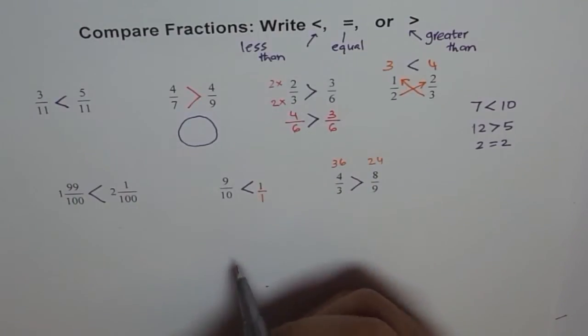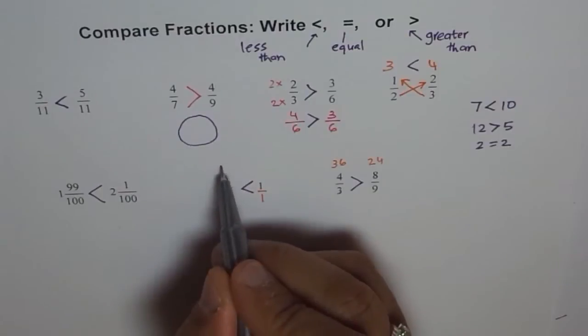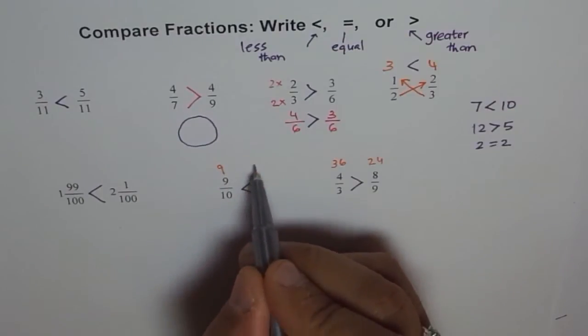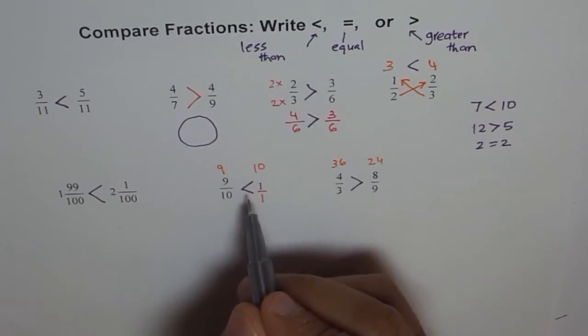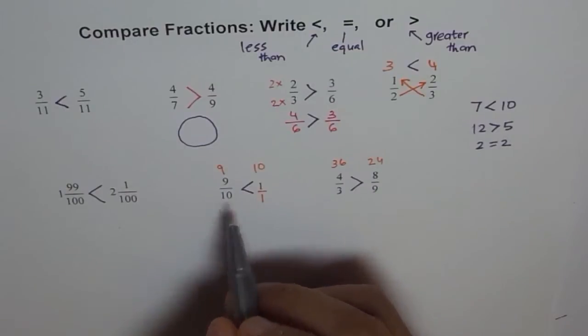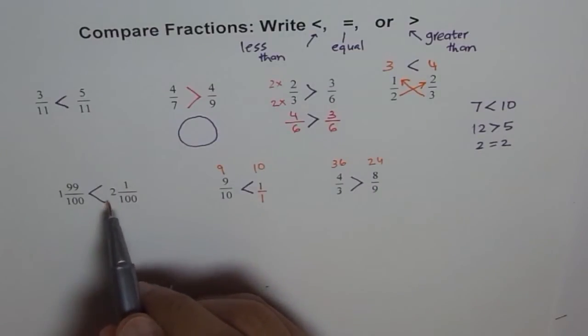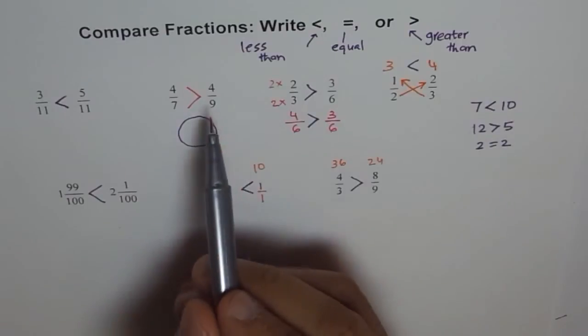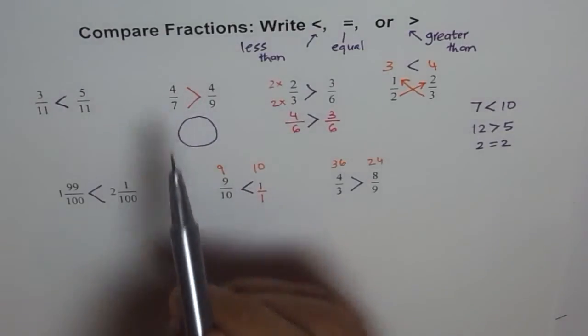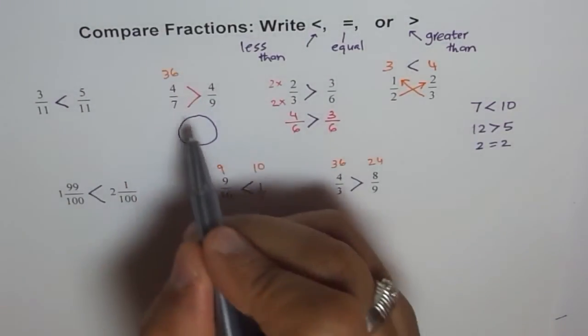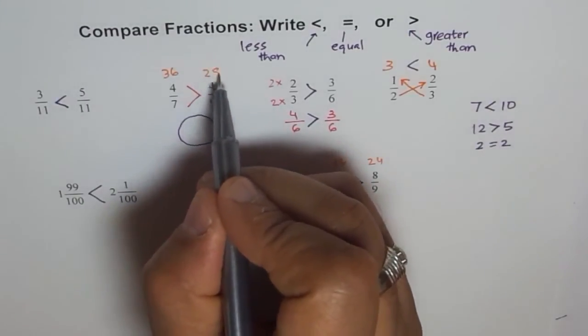You can say this is 1 over 1. 1 times 9, 9. 10 times 1, 10. So 9 is lesser. Do you see that? It works, right? We will not do it in whole numbers. We'll check the whole numbers separately, right? Here, 9 times 4, 36. 7 times 4, 28. So this is greater.